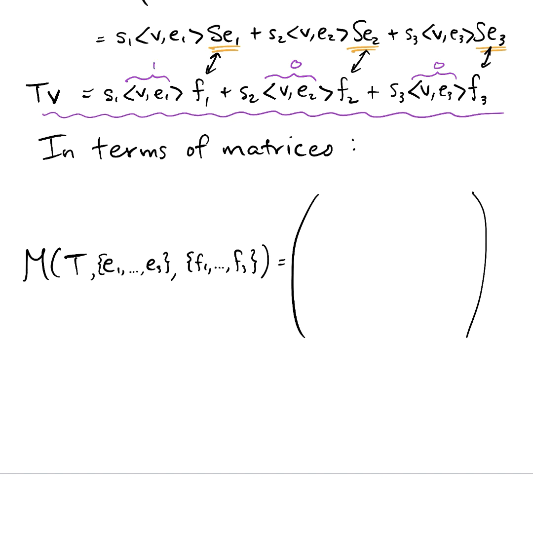And so the combination of the Fs that produces T of E1 is just S1 of F1, zeros everywhere else. If V happened to be E2, then only that middle term of the purple underline would survive. And if V happened to be E3, only that third term would survive.